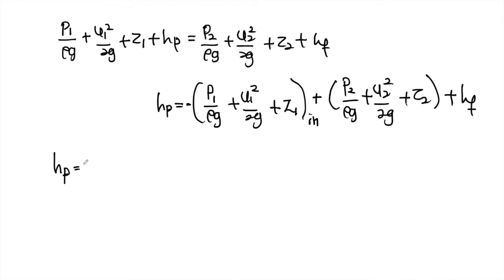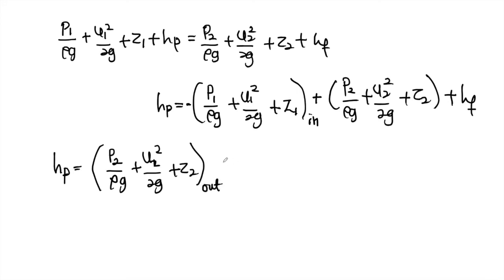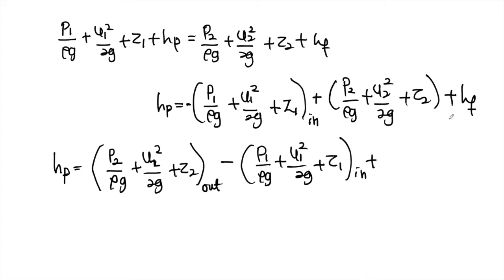So HP, I rearrange it: P2 over rho G plus U2 square over 2G plus Z2, this is for out, minus P1 over rho G plus U1 square over 2G plus Z1, in, plus, I will expand this HF, H major plus H minor.